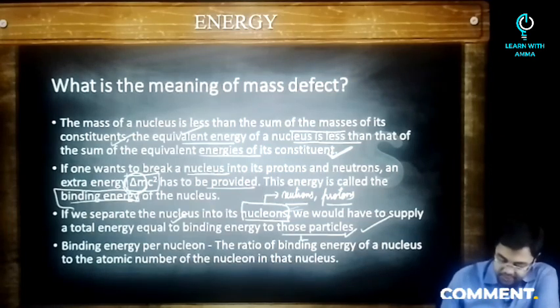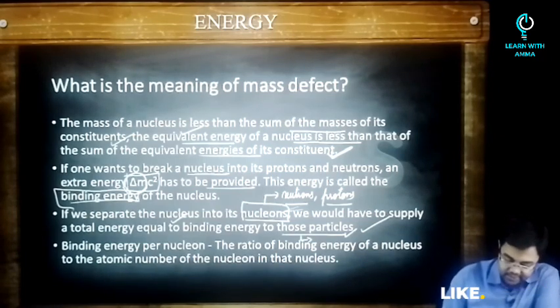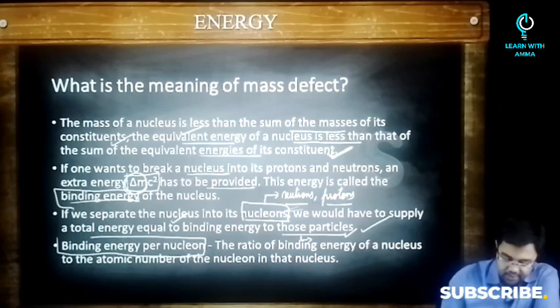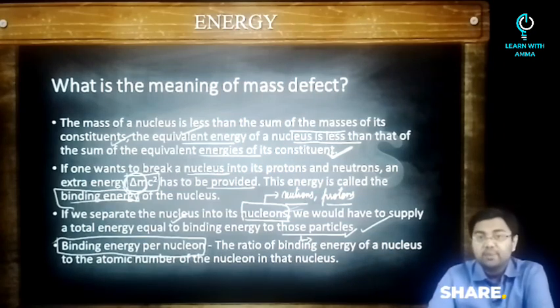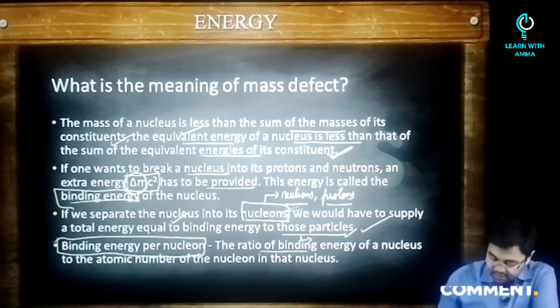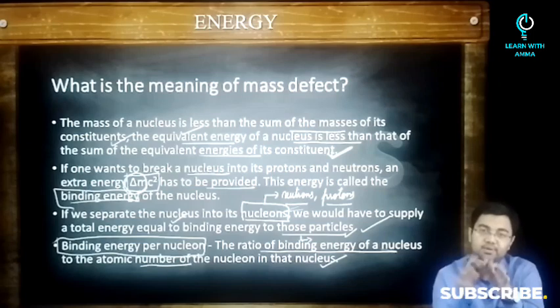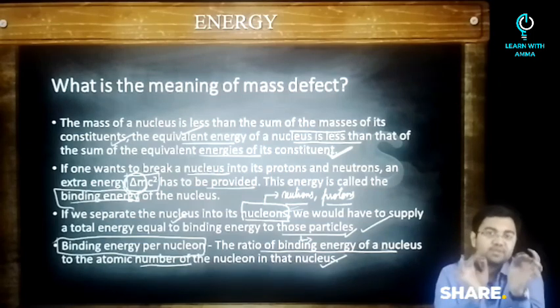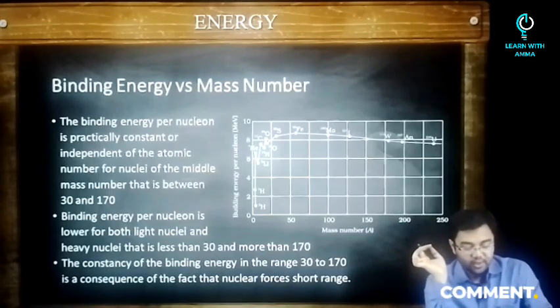Now there is one more term that is used, that is binding energy per nucleon. Binding energy per nucleon means the ratio of the binding energy of the nucleus to the mass number of that nucleus. So per nucleon, what is the binding energy, and this is what we are talking about.